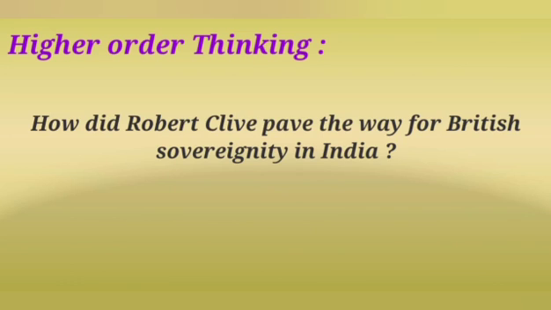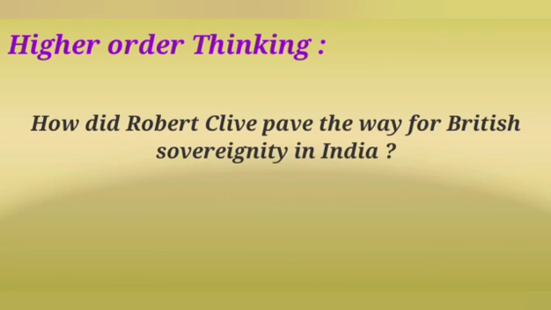Students, finally, how did Robert Clive pave the way for British sovereignty in India? Yes, Robert Clive defeated Siraj-ud-Dowla in the Battle of Plassey, and the combined forces of Shah Alam II and Shuja-ud-Dowla in the Battle of Buxar.